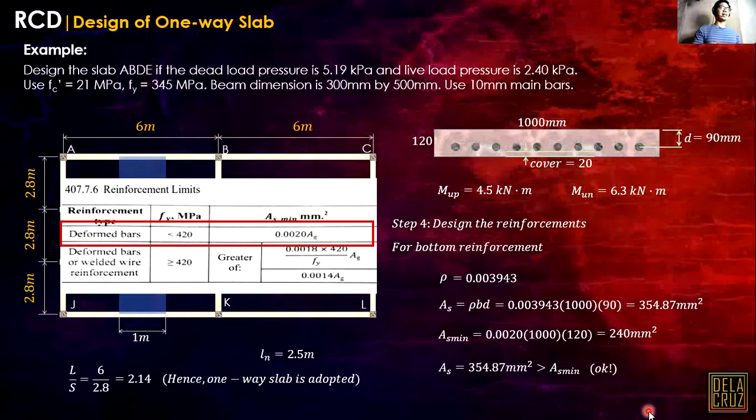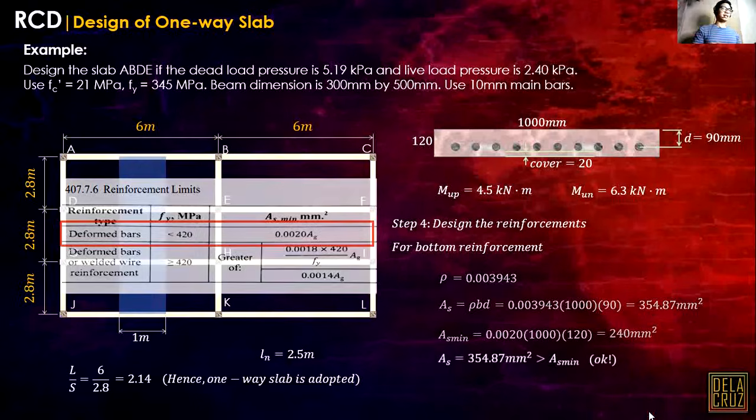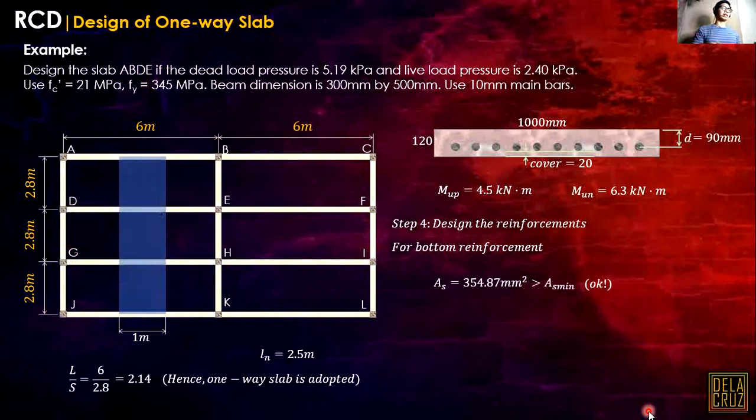Okay? So, final step in design, i-compute natin yung spacing of the bottom reinforcement. Ito, spacing nila. This one, center to center spacing yan. Okay? So, we can calculate that. Actually, this is just the ratio and proportion. AS, area of 1 bar over AS, multiplied natin by 1,000 millimeters.